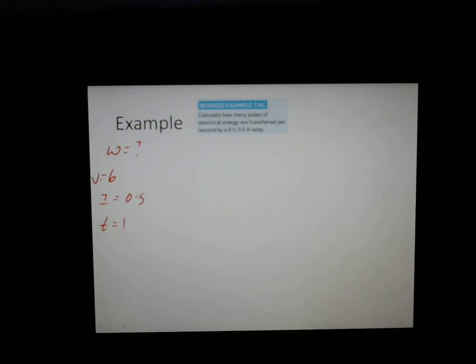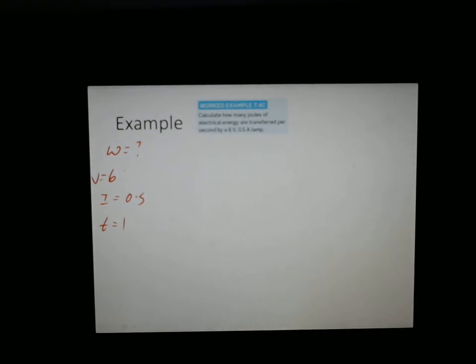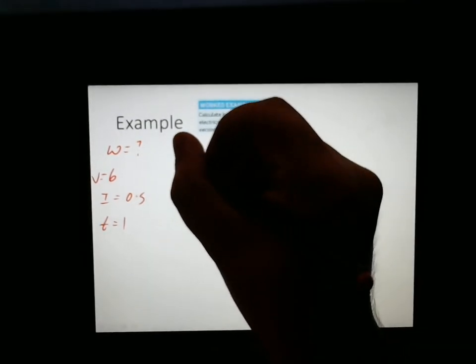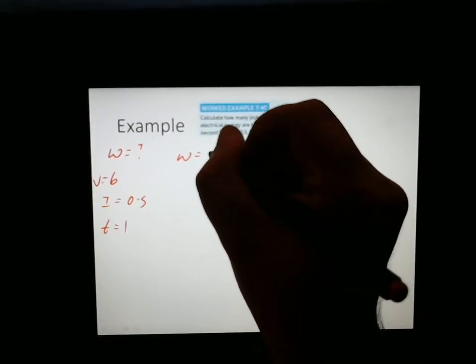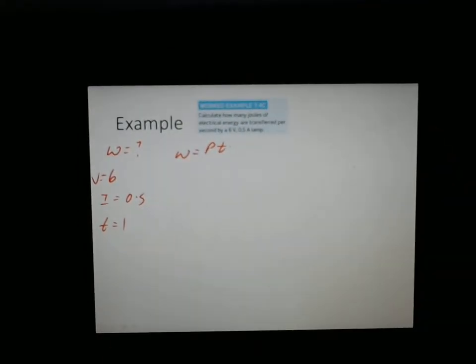Alright, we need to work out how to get to work, starting with these things here. One way to tackle it is to write down, well, what equations do we have that actually involve what I'm looking for? I have a formula that says work equals power times time. I've rearranged the one that we had before, and I do have time, and I do want watts there.